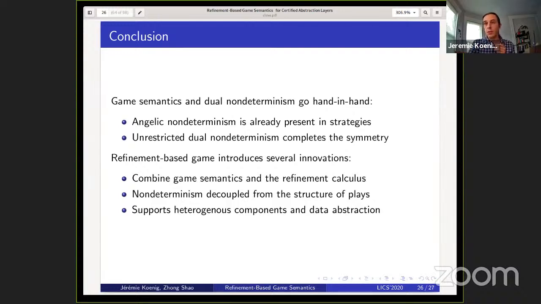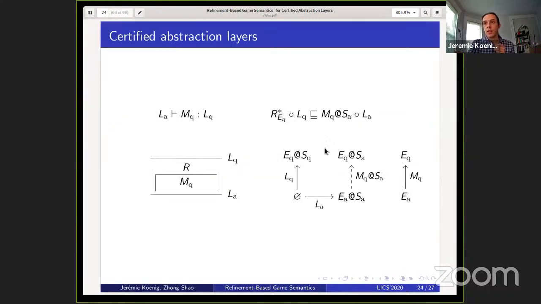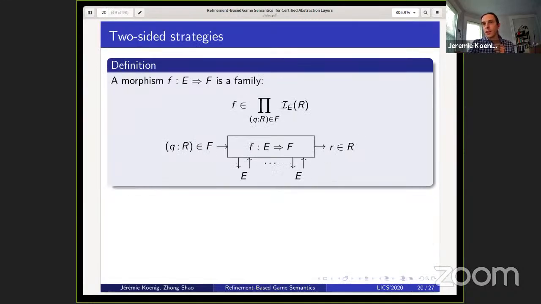And then the way you would encode this in our model, so this is the form that our strategy takes, so to speak. So here F is the game on the right-hand side, and E is the game on the left-hand side. So for a C module, you would define a game where questions are function calls and answers are the values that the function returns.